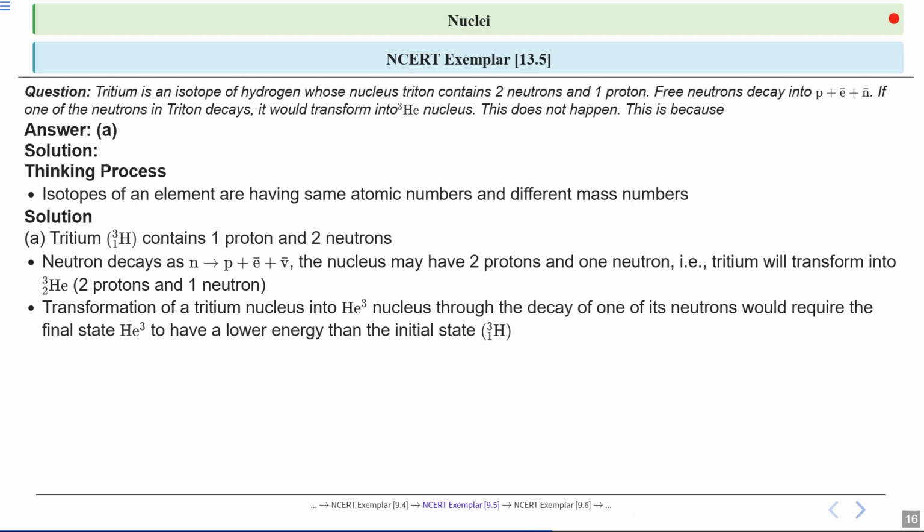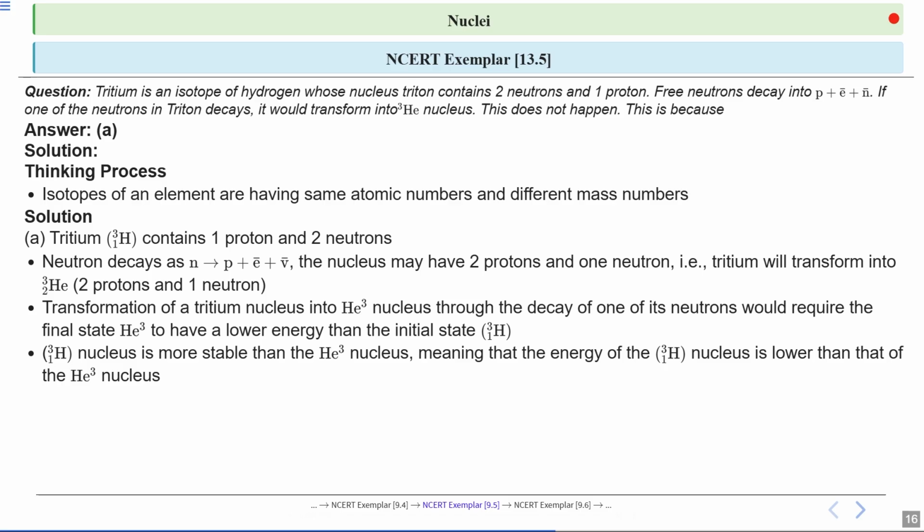So transformation of a tritium nucleus into helium-3 nucleus through the decay of one of its neutrons would require the final state helium-3 to have a lower energy than the initial state tritium atom. In tritium, a neutron decays into a proton, electron and antineutrino. This would turn it into helium-3 nucleus.